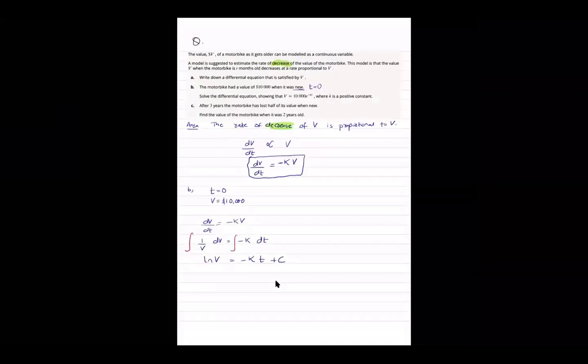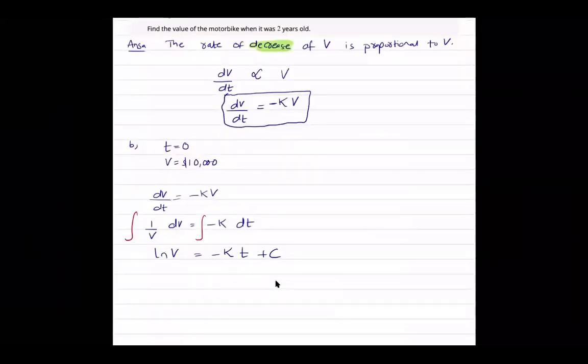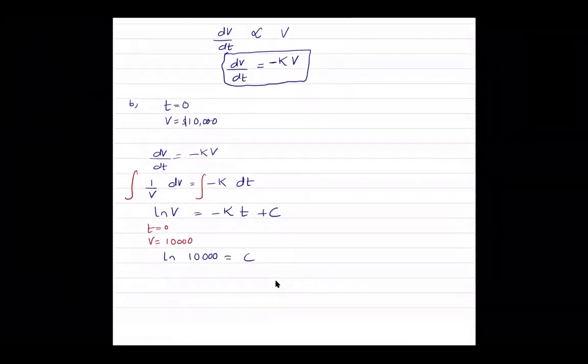It's fine. Okay. So when you apply the boundary condition, initially at time t equals 0, V was 10,000. So you're going to get ln of 10,000 is equal to C. So the equation is going to become ln V is equal to minus KT plus ln of 10,000.